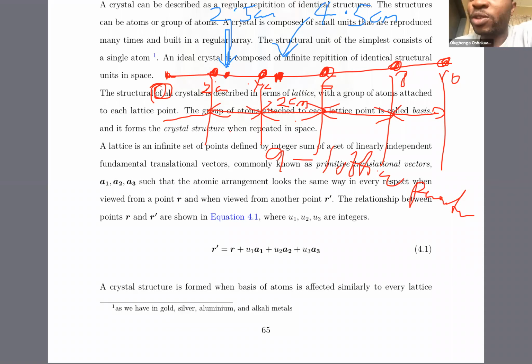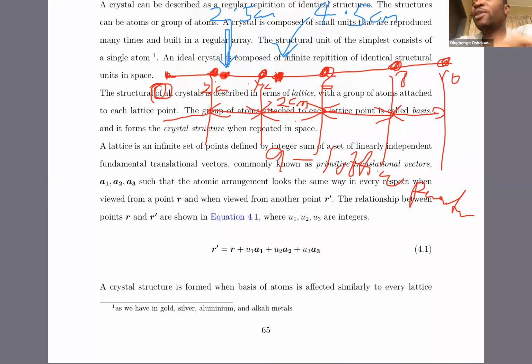When the ant gets to this point and turns around and observes how the environment looks, whatever the ant observes should be the same as what it observed when it was at the previous point. That is the work of this equation 4.1.